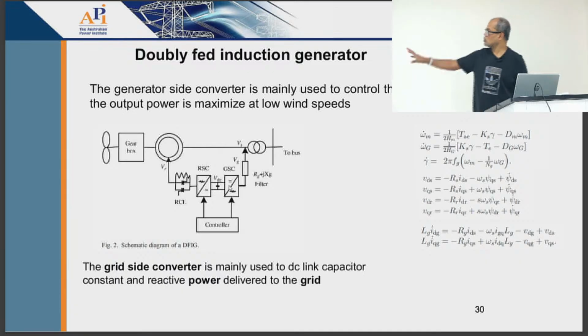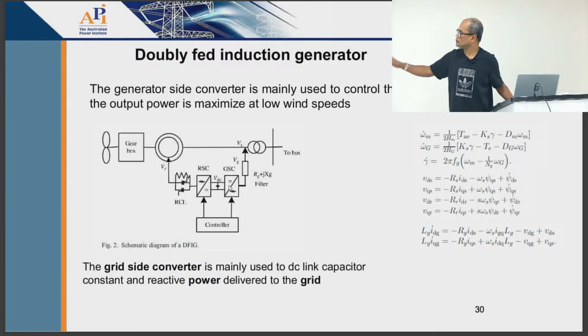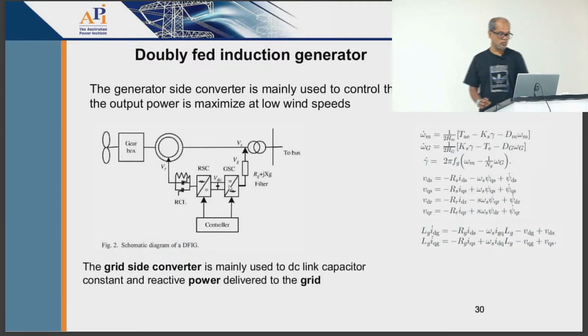So in terms of control, what sort of control do we need here? Mainly three types of control. One is for the turbine, they use the pitch control, and then for the rotor side converter we need one control, for the grid side converter we need another control.